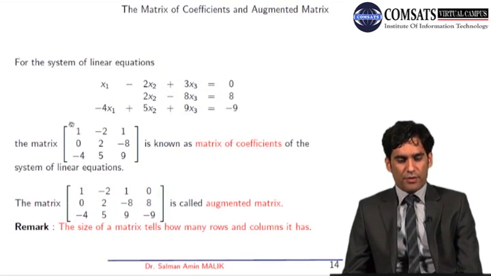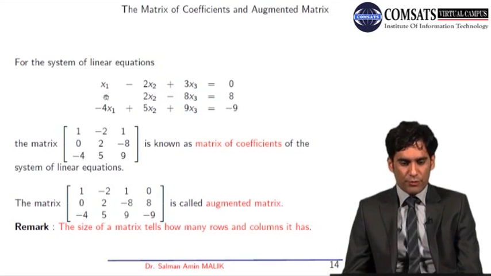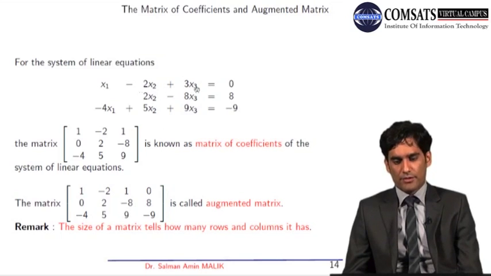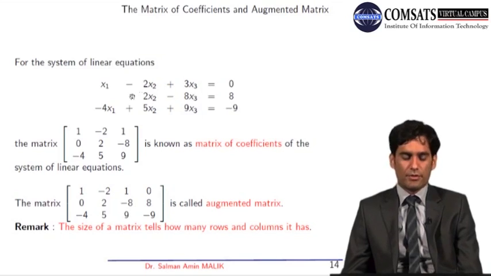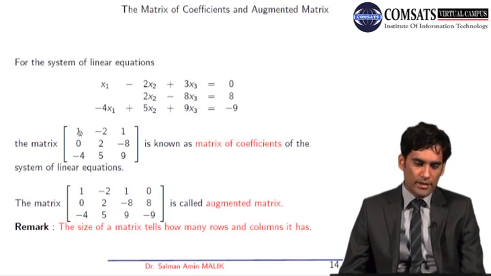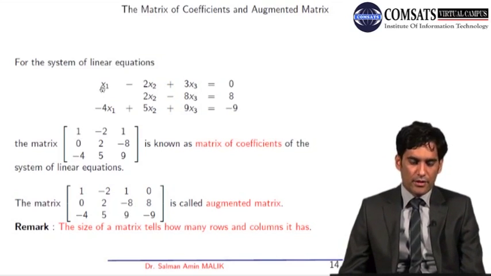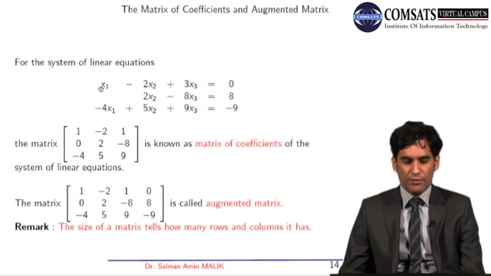If we observe this matrix, what is it? This is the matrix of coefficients of the variables x1, x2 and x3 in our system of linear equations. For example, the first entry is the coefficient of the variable x1 in the first equation, which is 1. The second entry is the coefficient of the variable x2 in equation 1.